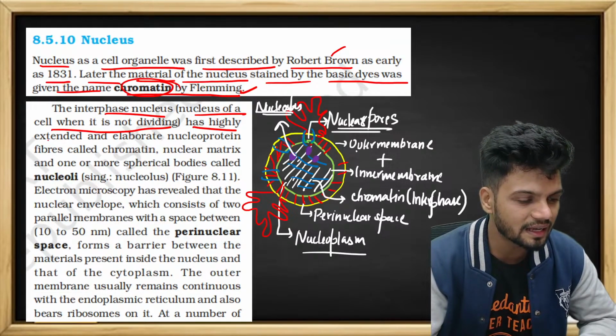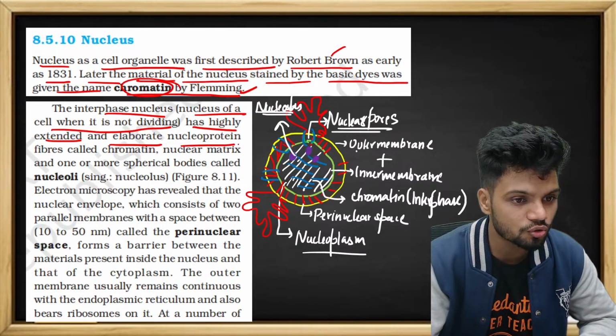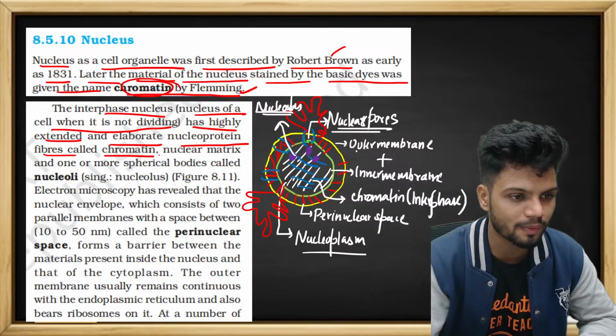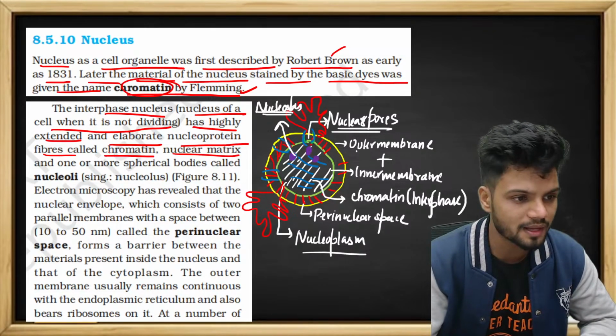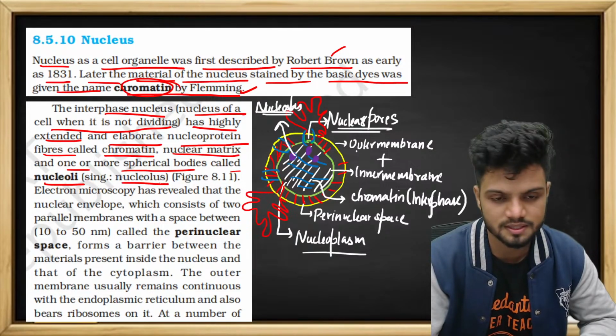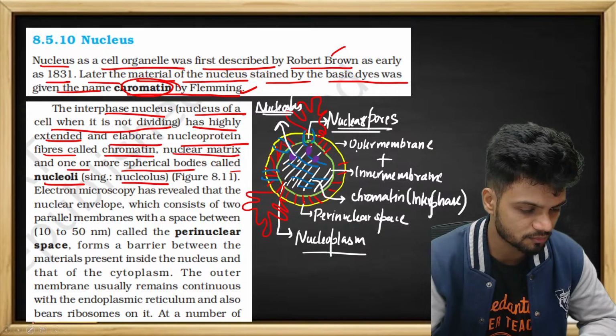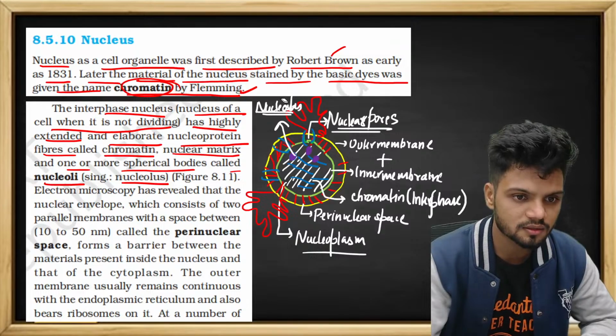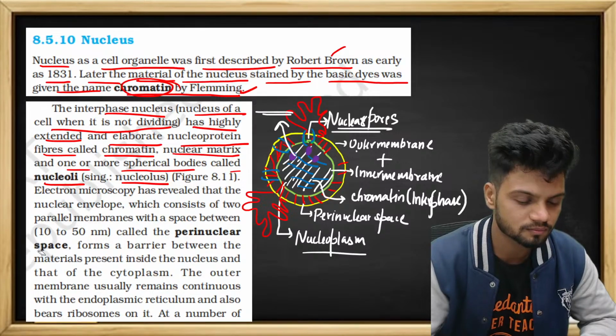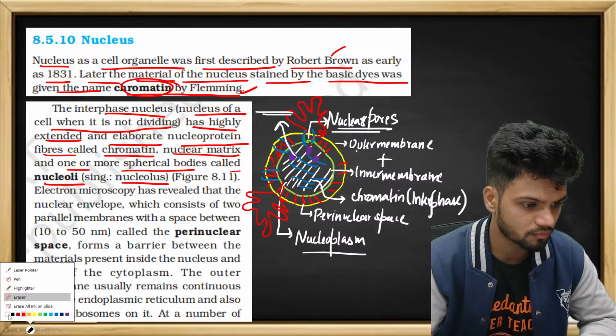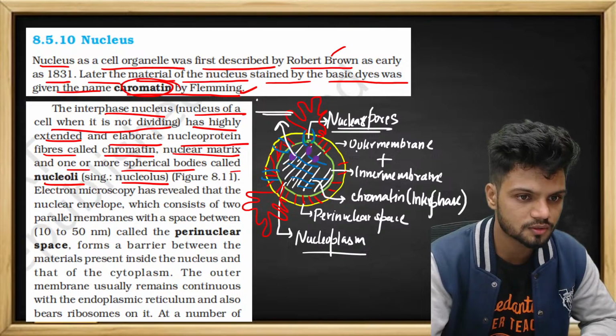It has highly extended and elaborate nucleoprotein fibers called chromatin on the inside. The nuclear matrix is called nucleoplasm. And one or more spherical bodies are called nucleoli or nucleolus.